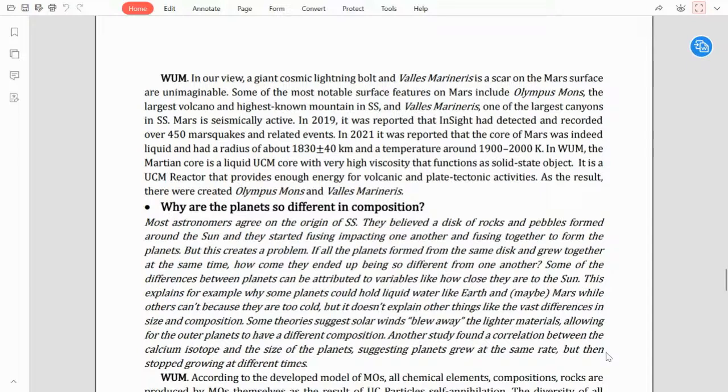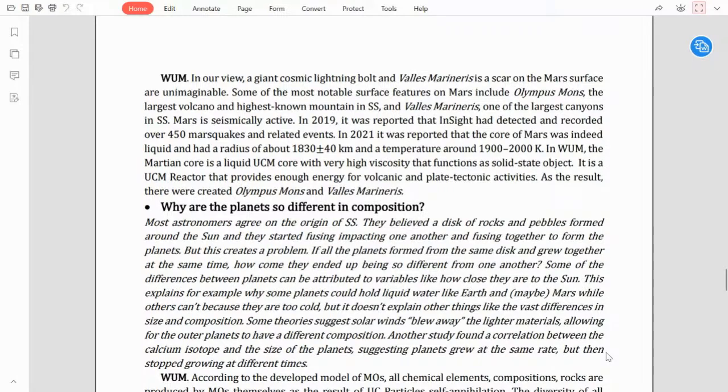Mars is seismically active. In 2019, it was reported that InSight had detected and recorded over 450 Marsquakes and related events. In 2021, it was reported that the core of Mars was indeed liquid and had a radius of about 1830 kilometers and a temperature around 2000 degrees K. In our view, the Martian core is a liquid UCM core with very high viscosity that functions as a solid-state object.